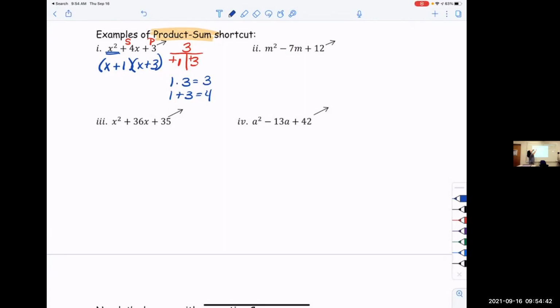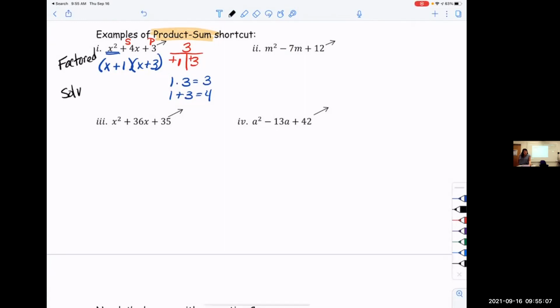Outer is 3x, inner is 1x, which gives you 4x. And then last: 1 times 3 is 3. I mean, you don't have to check it, but you can check it. So this is factored. And that's all there is to it.